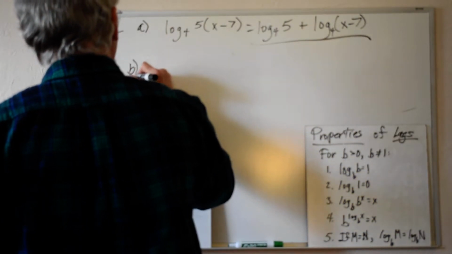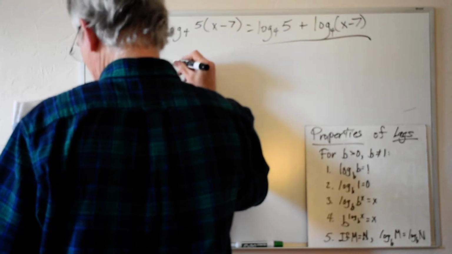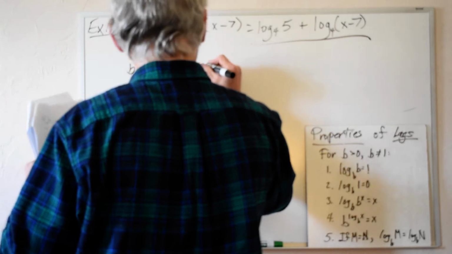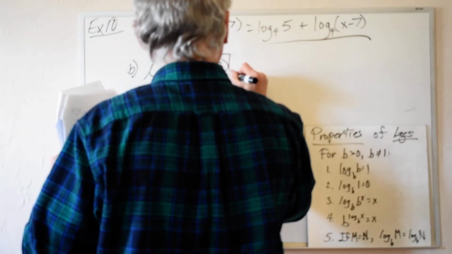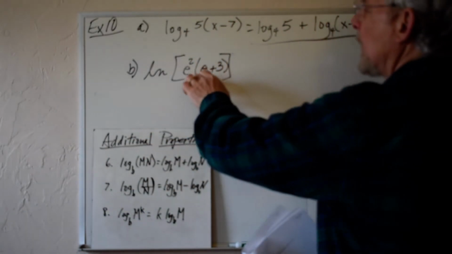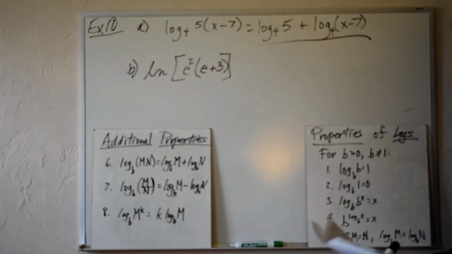In part B, the natural log of the quantity e squared times e plus 3. So there's even more going on here. I've got an exponential quantity in here. Furthermore, it's part of a multiplication problem in there.